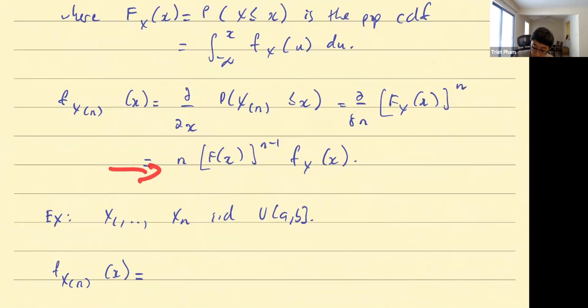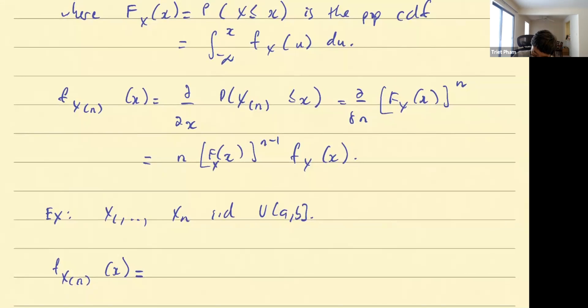There's n, sorry, I missed an x here. Then you multiply with the probability that a generic uniform(a, b) is less than or equal to x. Well, what would that be? That would be (x minus a) over (b minus a) raised to n minus 1. Then you multiply with the generic density of a uniform(a, b), which is 1 over (b minus a).